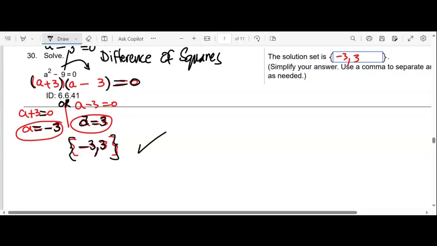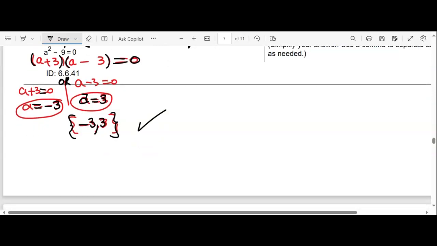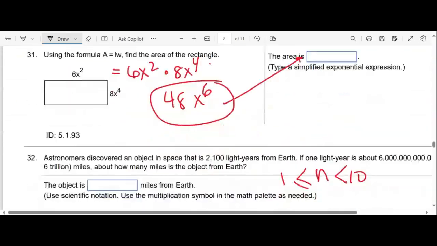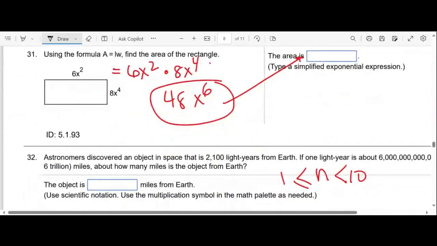Next question, Turkey. Read the question. 31. Using the formula A equals L times W, find the area of the rectangle.